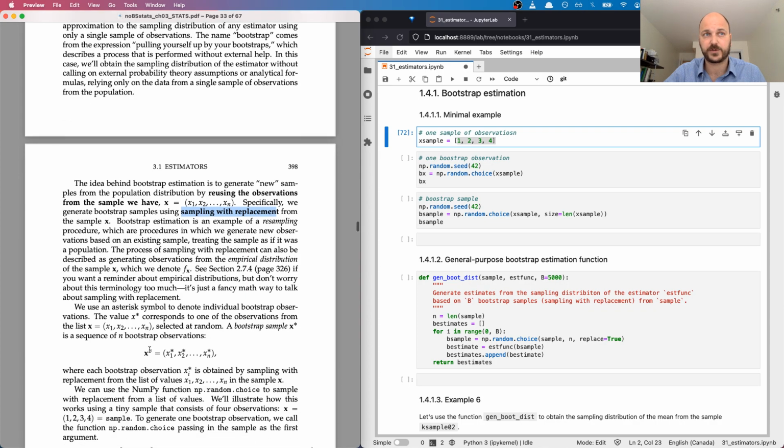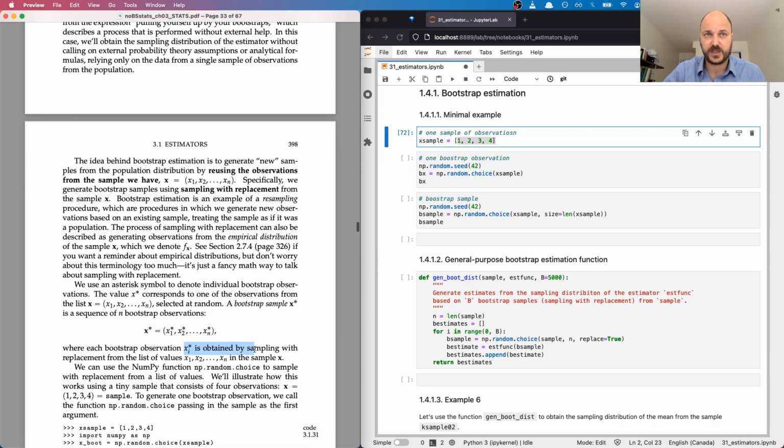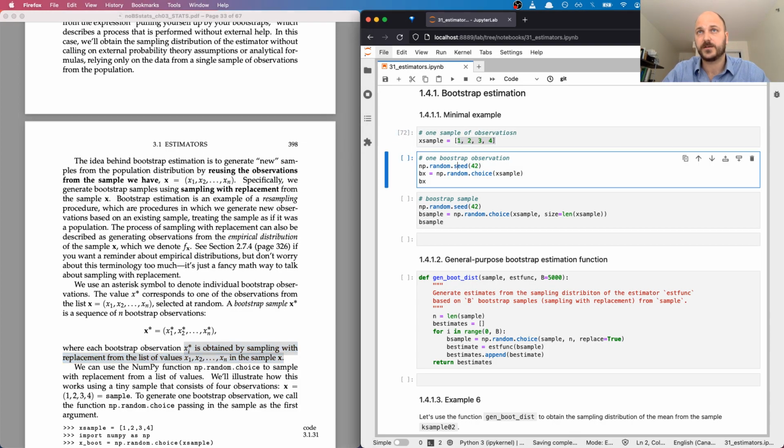Okay, so the way we're going to denote bootstrap samples is with a little star. So this is a bootstrap sample. Each of these, x1 star, x2 star, is obtained by sampling with replacement from the one sample that we have. Okay, let's do that.